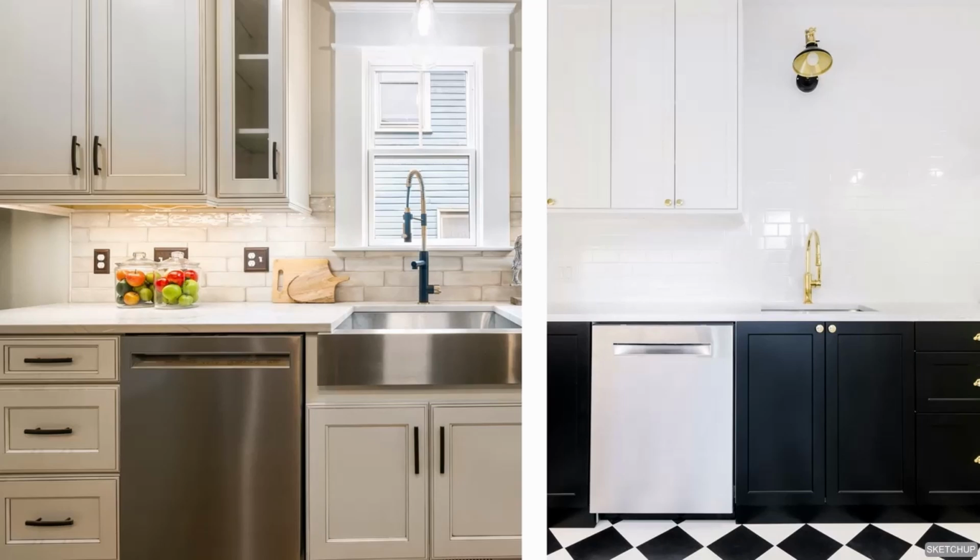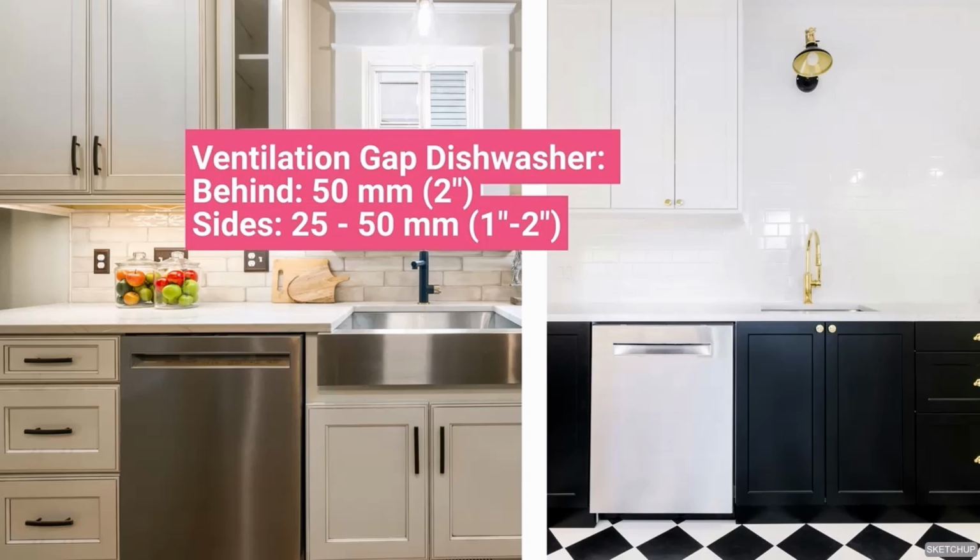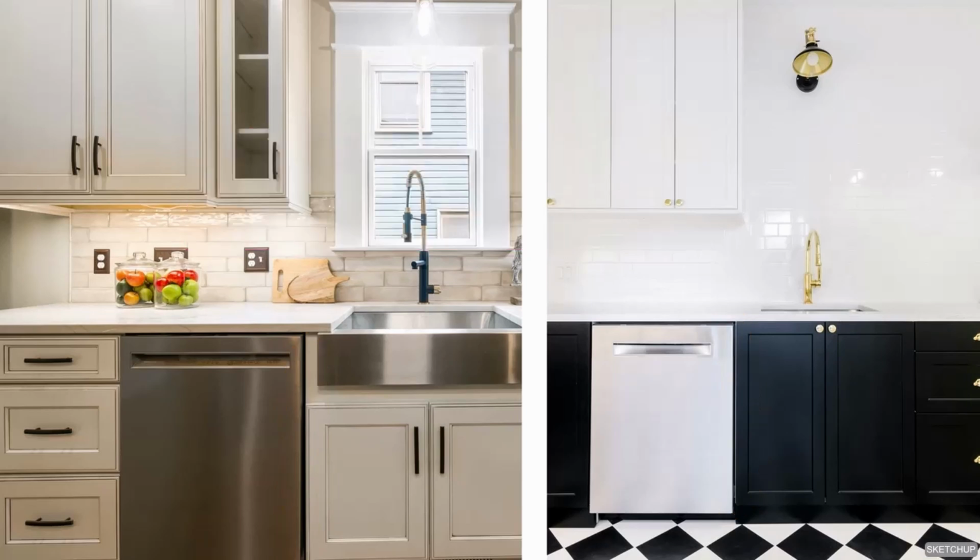You need to provide about 50 millimeters or 2 inches of space behind your dishwasher for the water and drainage hose, and between 25 to 50 millimeters at the sides. Make sure to recheck that with the manufacturer as well. Ideally, you position the dishwasher beside the sink for more convenience.